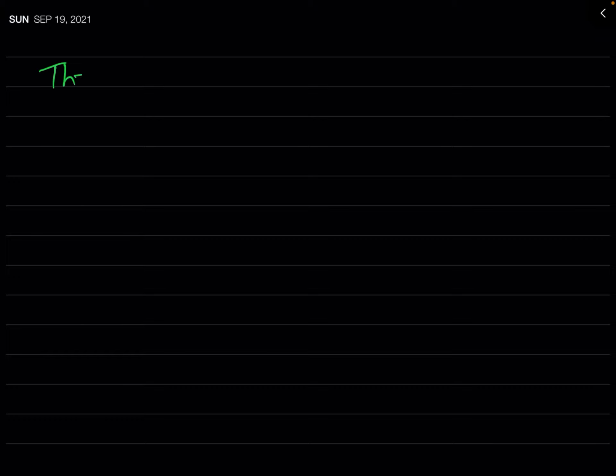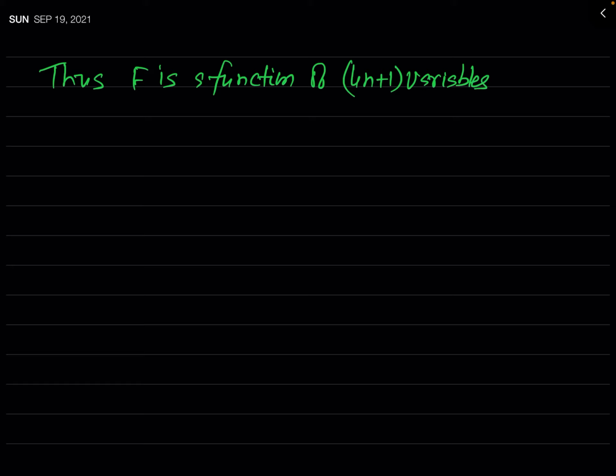Thus, f is a function of 4n plus 1 variables. And what are those variables?